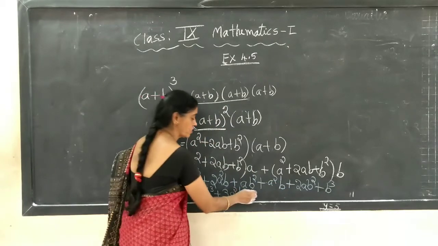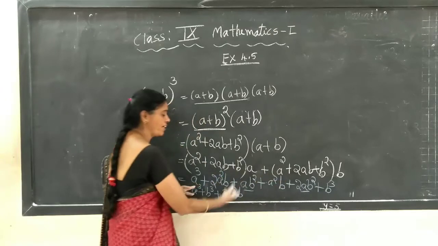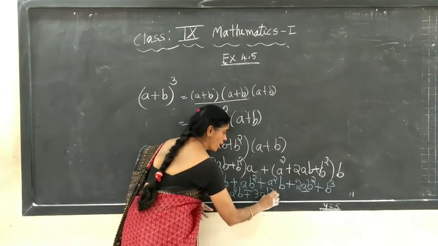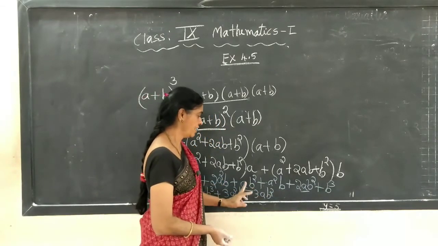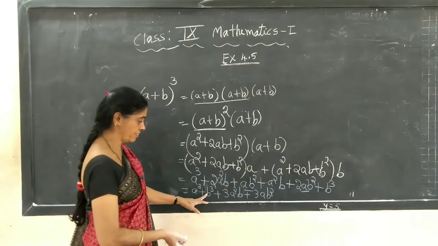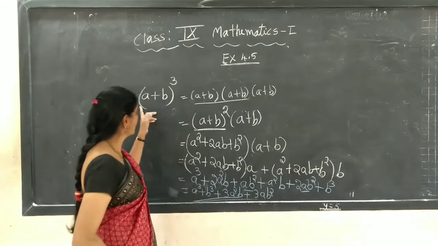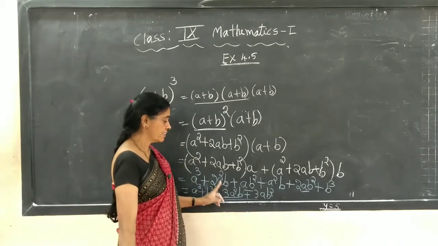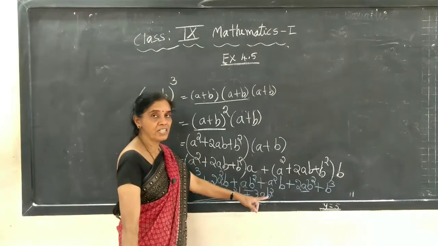They are like terms, these two are. So if you add 2ab square and 1ab square, you will get 3ab square. So we added these two and these two. B cube I wrote it here. So this is the way you can remember. A plus b whole cube is a cube plus b cube plus 3a square b plus 3ab square.